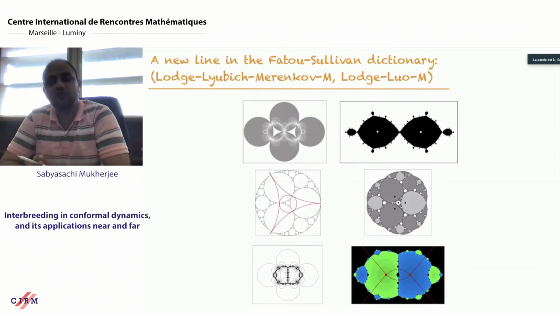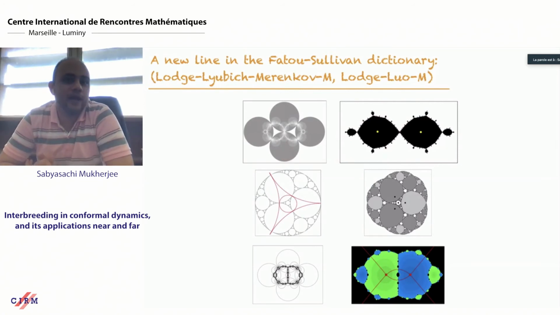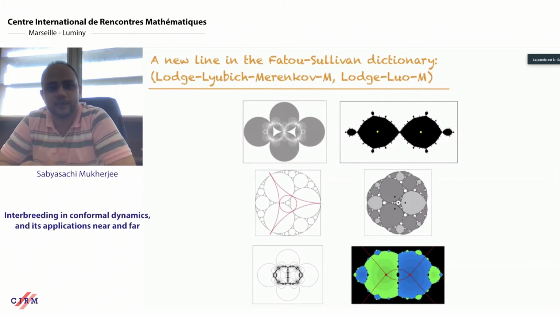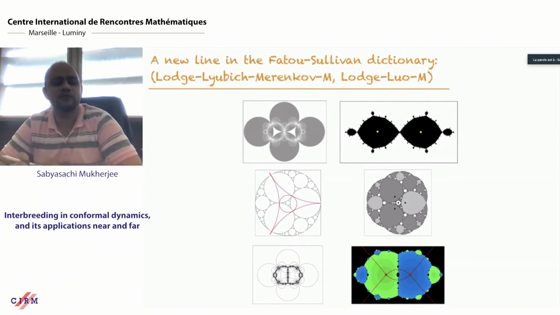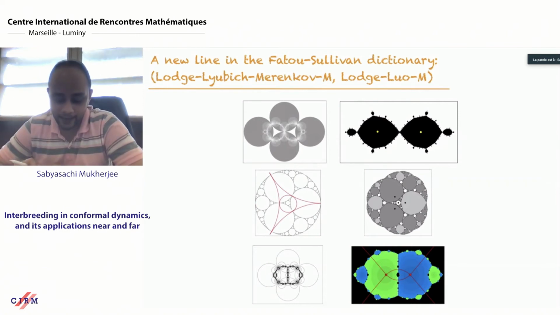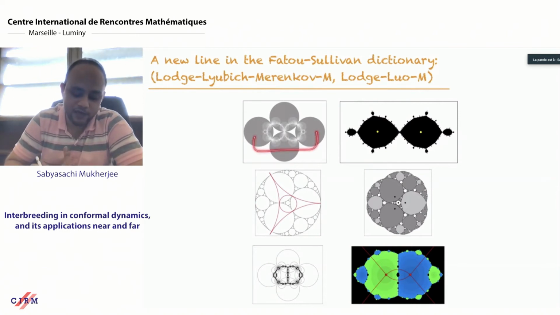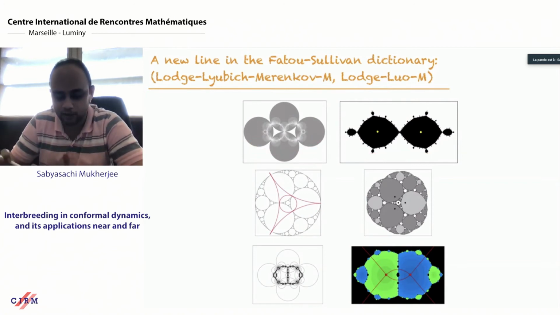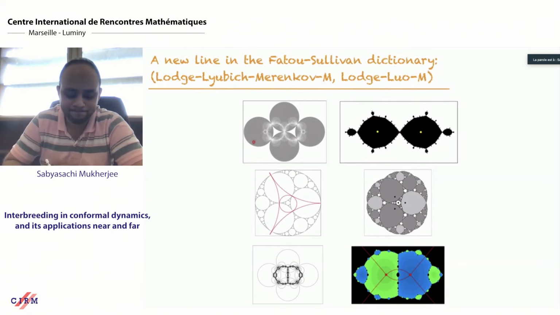And this, in fact, we believe is a new line in the Fatou-Sullivan dictionary because Fatou wrote in one of his papers from the 1920s, I think it appeared in some memoir, I forget which one, that the visual similarity between limit sets and Julia sets is too stark to be coincidental, and there should be a synthetic theory of some sort to combine these things.